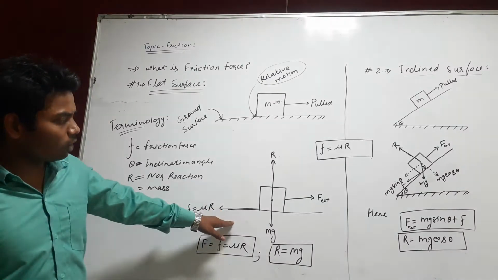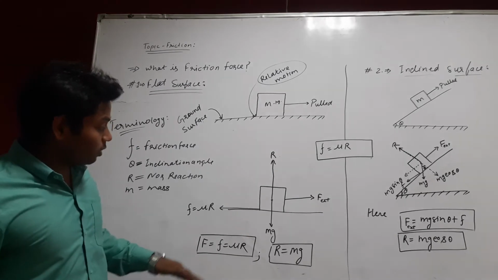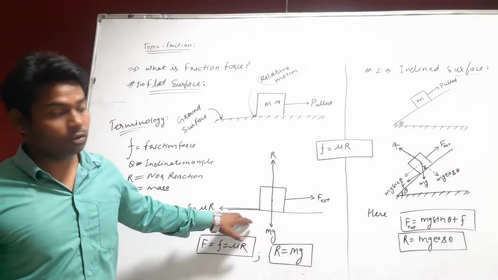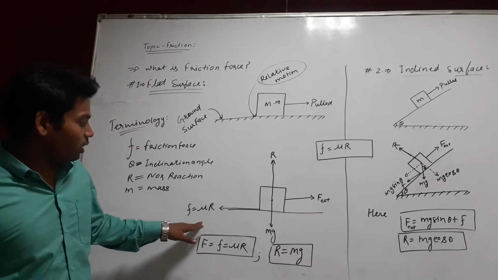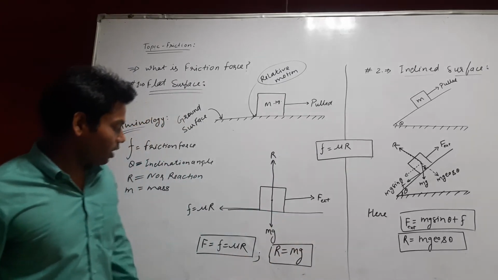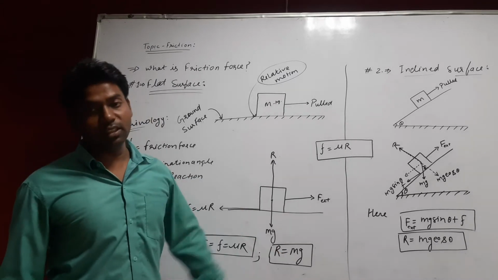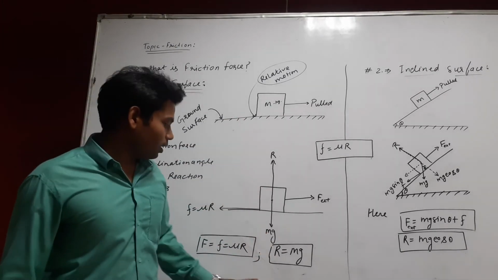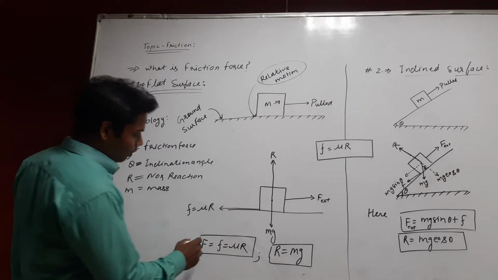If you remember the condition of equilibrium, we are just balancing the vertical and horizontal forces. Horizontal forces give F equal to mu R, and the reaction force will be R equal to mg, because both are in opposite directions. In this way you can calculate the external force in flat surface cases.